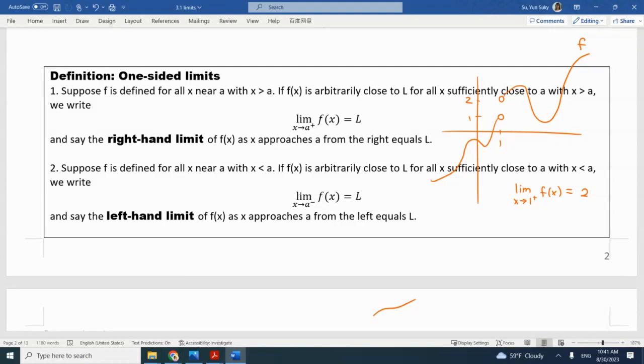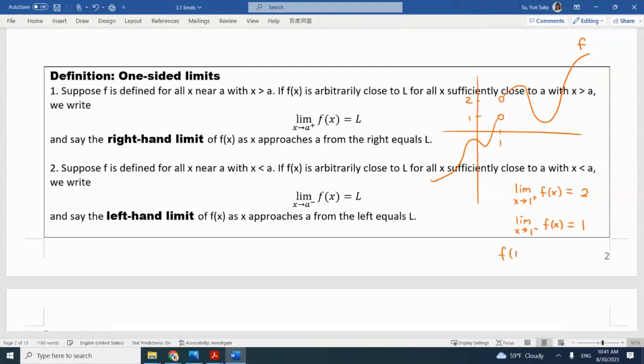All right. How about on the other hand, when x is less than a, so we're approaching a from the left. What's the limit when we're approaching it from the left? 1. Right, everybody? So that's 1.